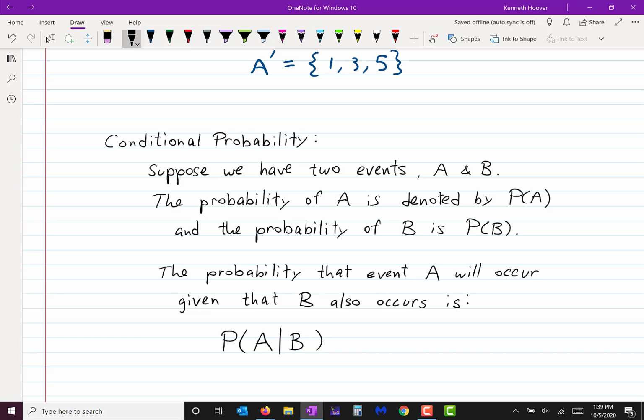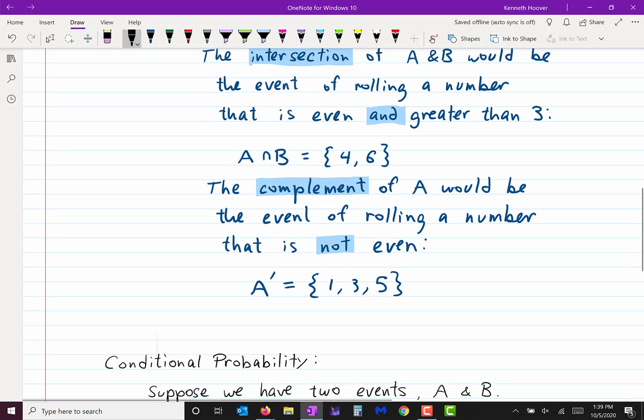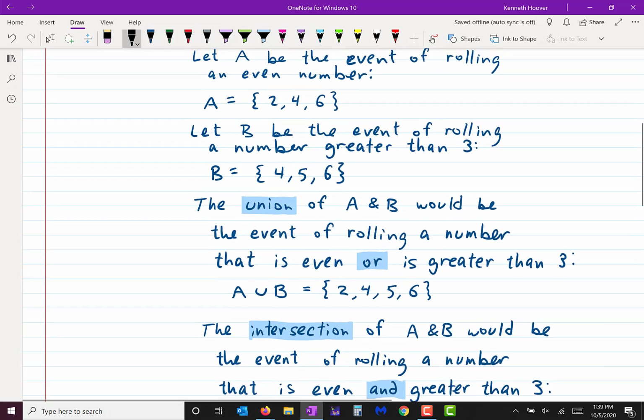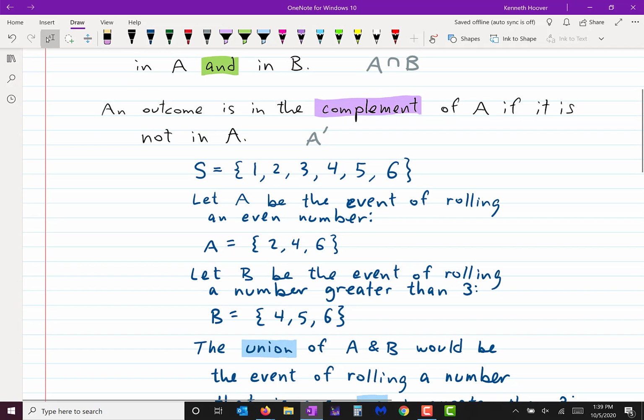So let's talk about what that means for a minute. If we want to use the examples up above, we can do that. Just to remind you, the examples are that we're rolling a die, and A is the event of rolling an even number, and B is the event of rolling a number greater than 3.